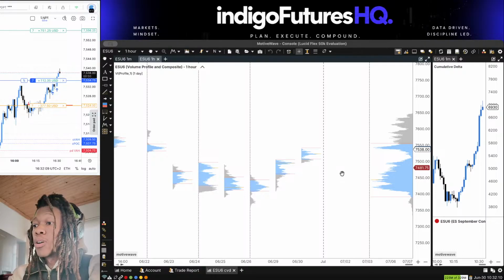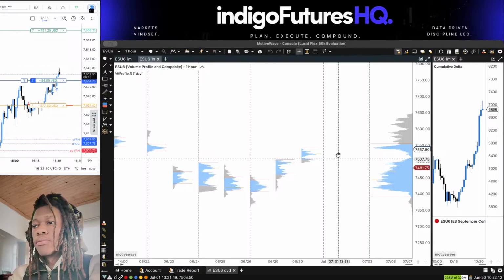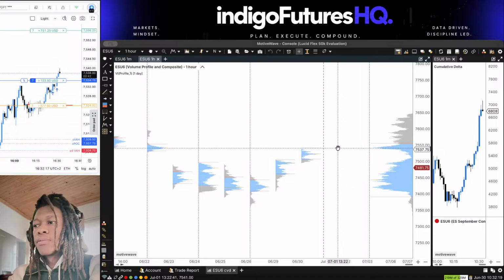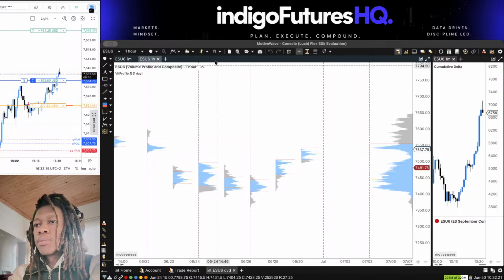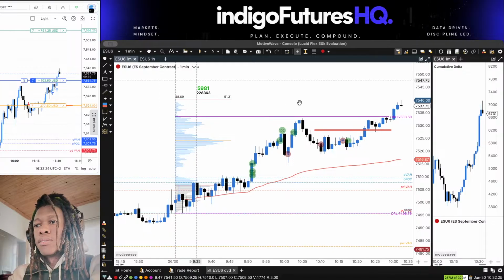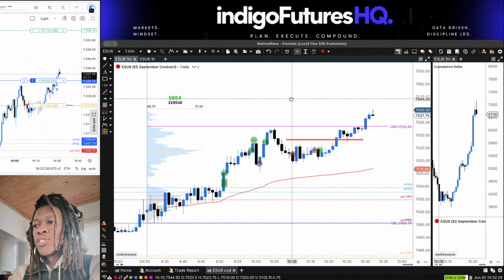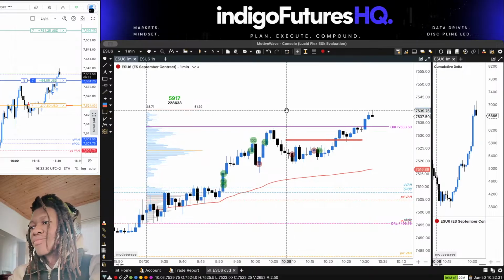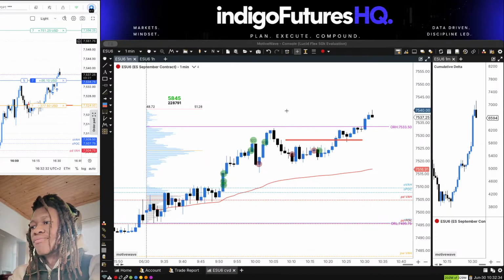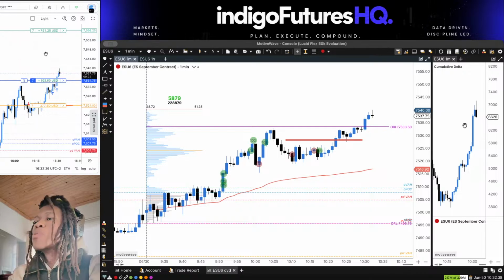If we can hold above it, that would be great. And we have accepted a little bit of value there. I just don't want to see this delta shift, because that would be awkward. That would be somewhat awkward.